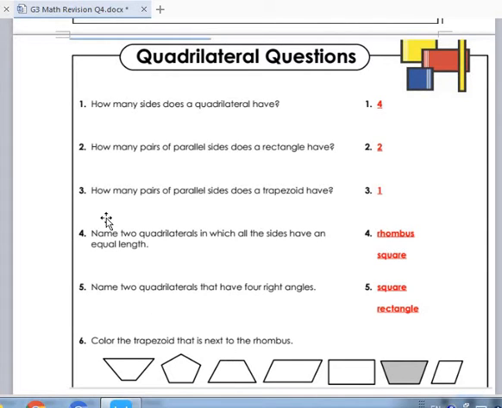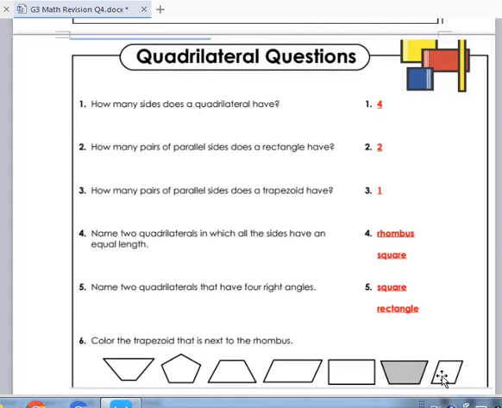Name 2 quadrilaterals in which all sides have an equal length. The rhombus, in which all sides have equal length, and also the square. Color the trapezoid that's next to the rhombus. This is a trapezoid and this is another trapezoid. Which trapezoid is next to the rhombus?